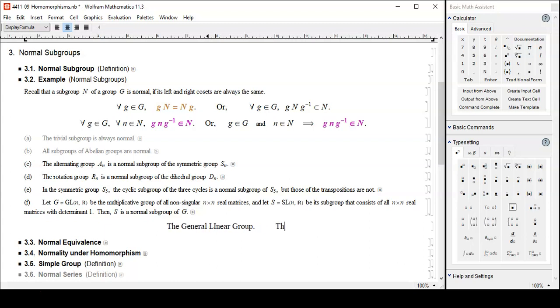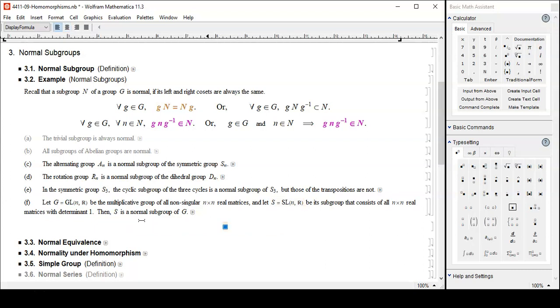And another thing is the special linear group, SL_n(R), and it's the set of all n by n real matrices with determinant 1. That forms a subgroup of the general linear group. And it turns out S is a normal subgroup of G.